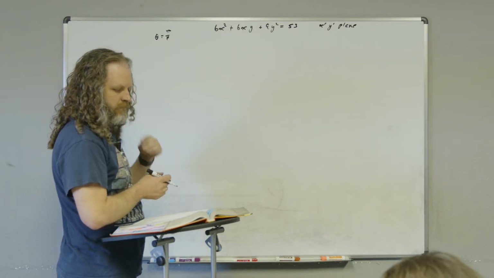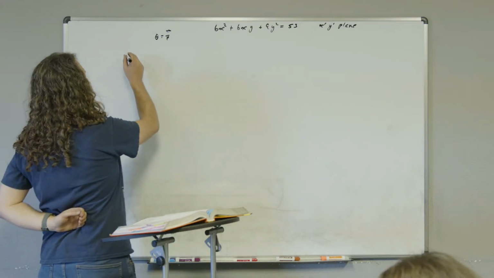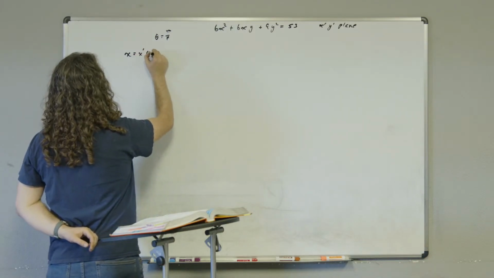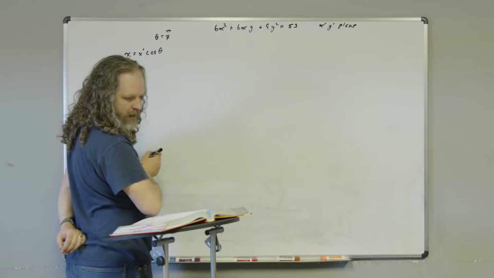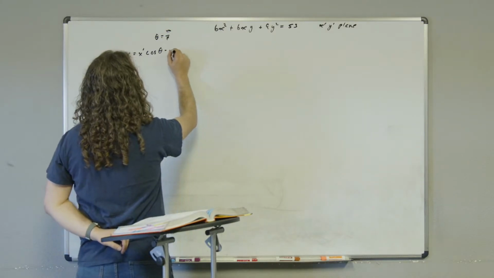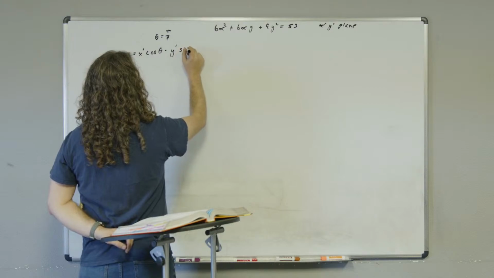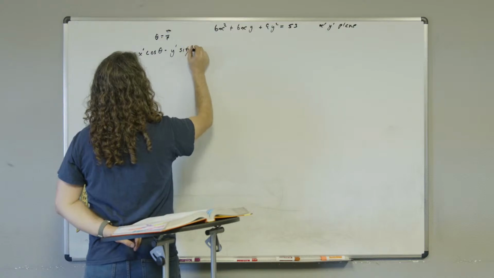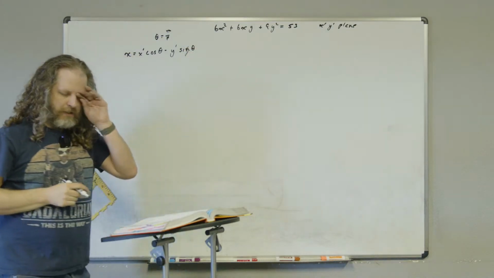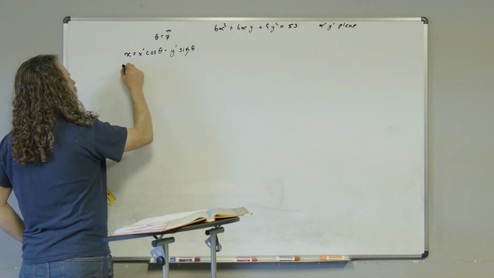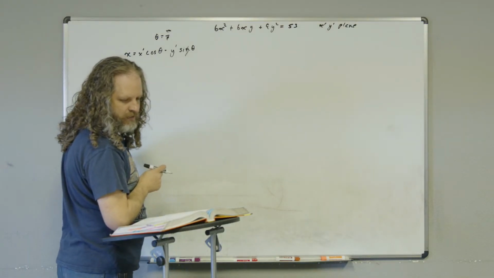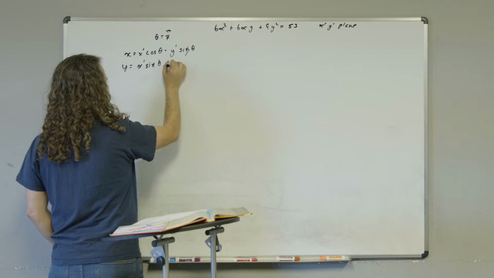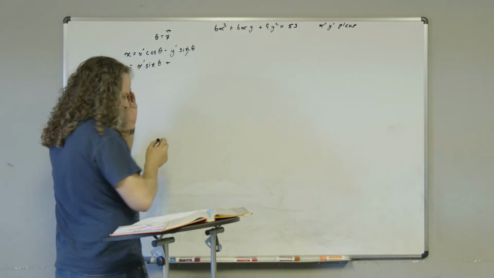So, we use the formula x equals x prime cosine theta minus y prime sine theta for the x, and we used y equals x prime sine theta plus y prime cosine theta.